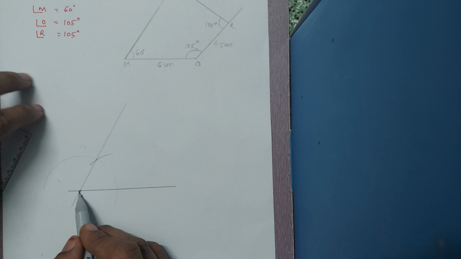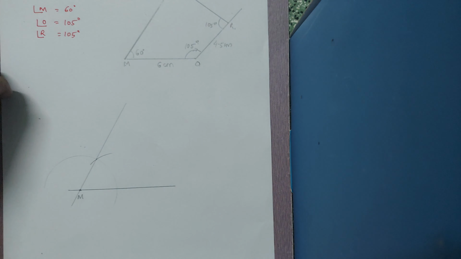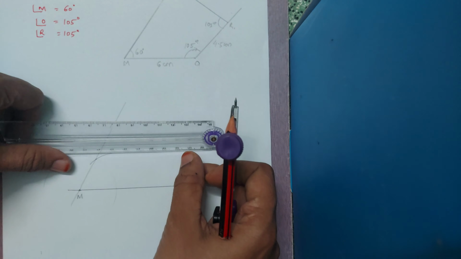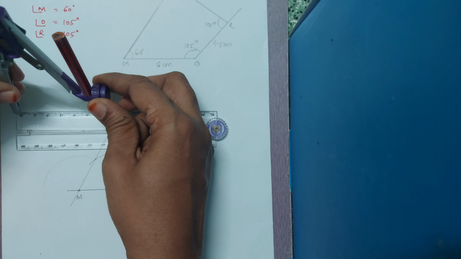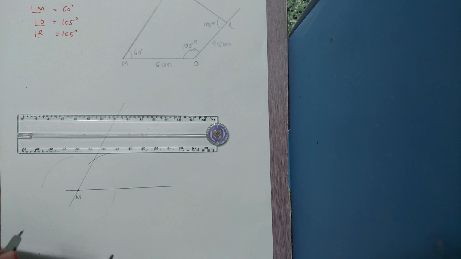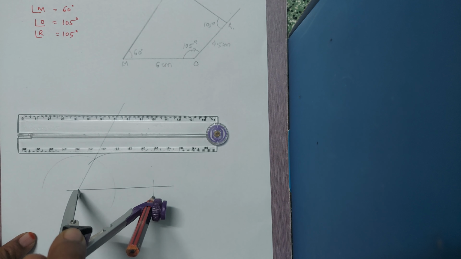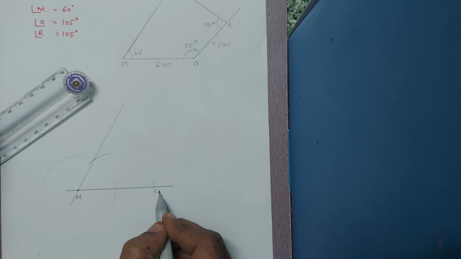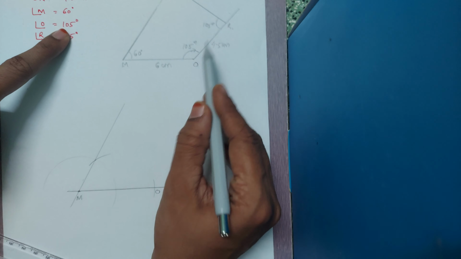Now MO. O is 6 centimeters. Take a compass, take your scale, measure 6 centimeters and mark point O. This is M, this is O. Angle O is 105 degrees.